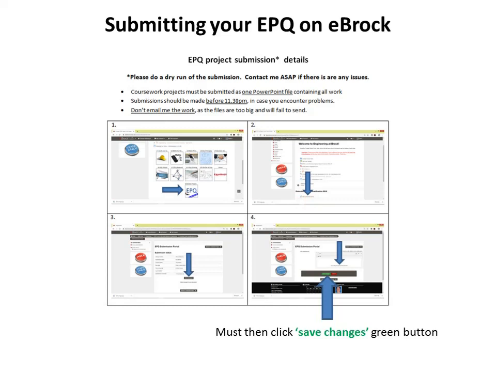Then number 3, add submission, click on that, and then it brings up this little portal here where you can drop your work in. Now you had to drop your work into there and it loads on. What I may have neglected to say is you then needed to save changes. So I've underlined this here. Once you do this, you must save changes using the green button.